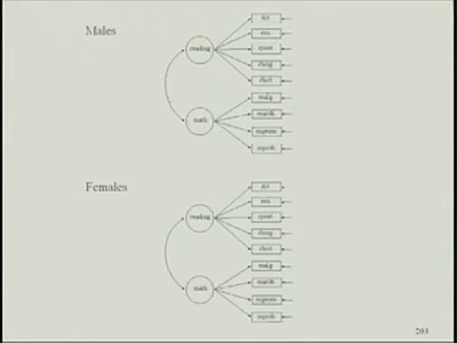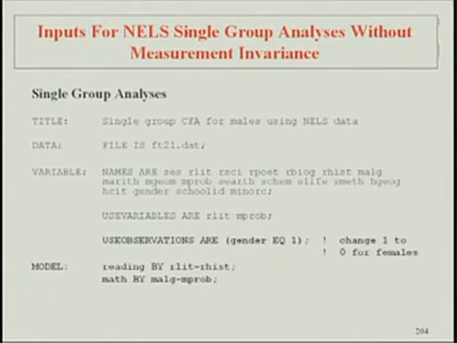Here's just a path diagram. So we have the same path diagram for males as we have for females. And remember, we said the steps fit the model separately in each group. So here's an example of the input for single group analysis. We have our use observations, gender equals 1.